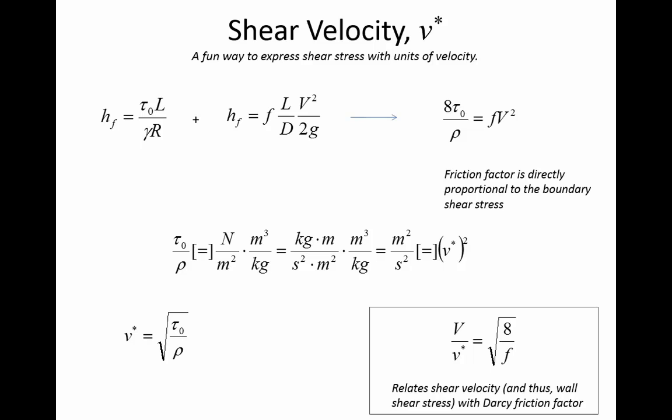And when you need to use it in the homework, this is an expression that may be useful. What it says is that if you know the flow velocity V, then you can calculate the shear velocity V star as a function of the friction factor F. So just maybe put a little star next to this one because it'll come in useful as you work through the homework problems.